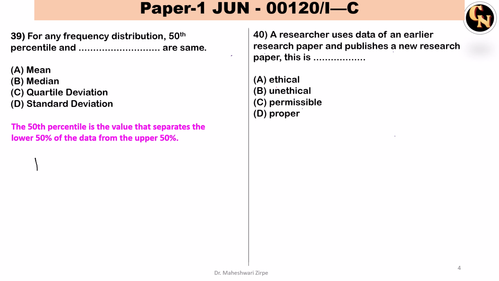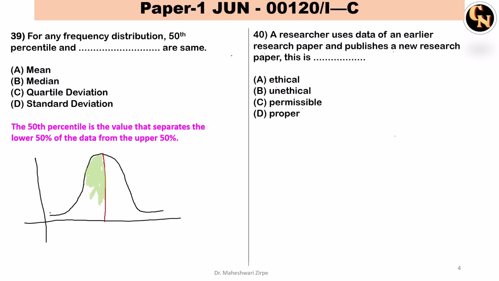Suppose we draw a graph here, and if I show a normal bell deviation, so here if I try to divide this deviation into exactly half, that is 50 percentile. Let me show with the color. So suppose this is my 50 percentile, that is 50 percentage of the deviation.